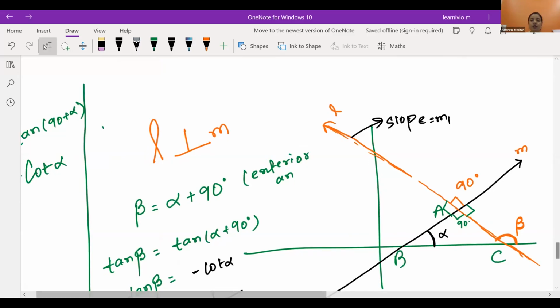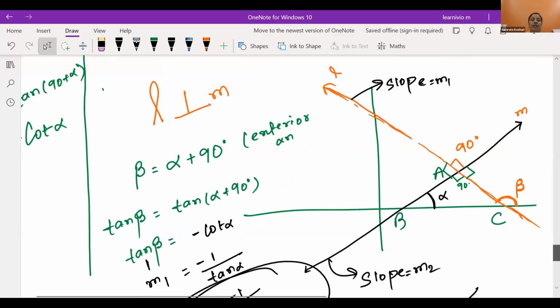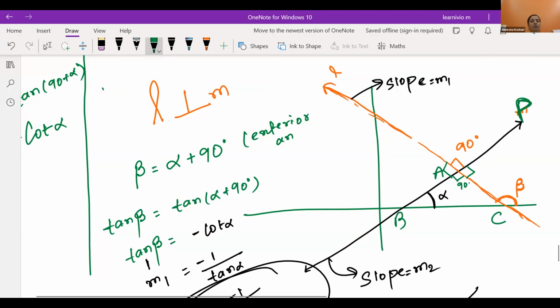So first we have taken two lines, L and M. Line L has slope m1, and the other line, let's call it P, has slope m2. We know that L is perpendicular to P. From there we got the relation that beta is equal to 90 plus alpha by the exterior angle property.